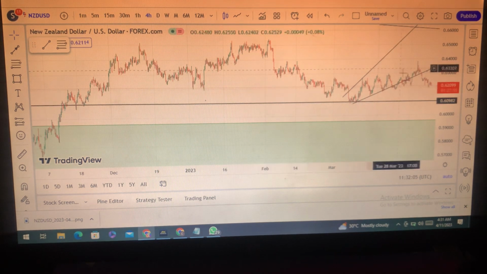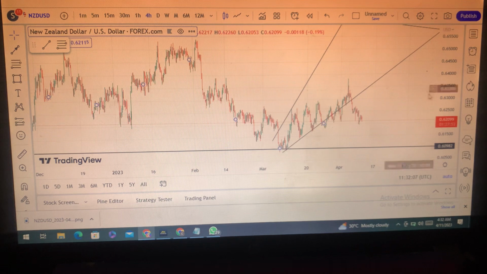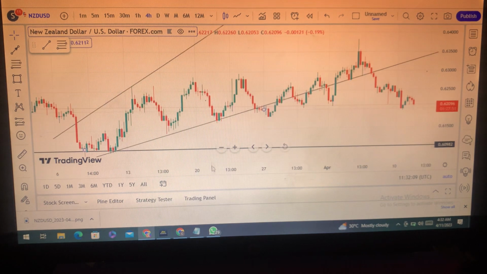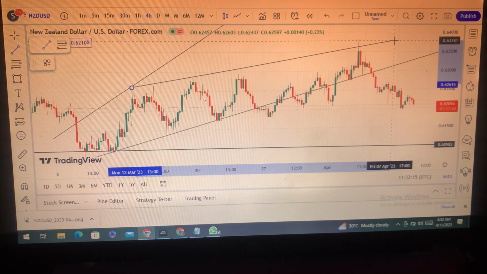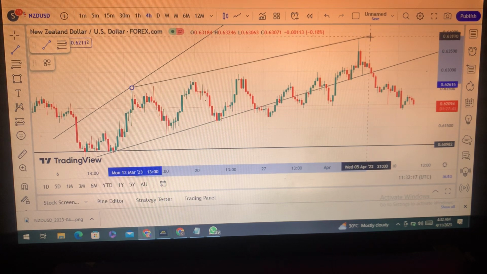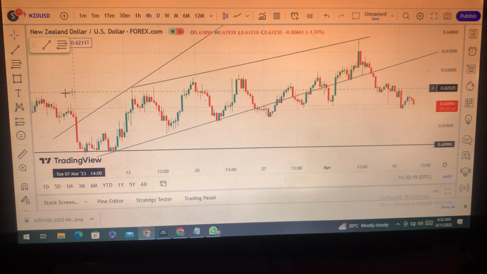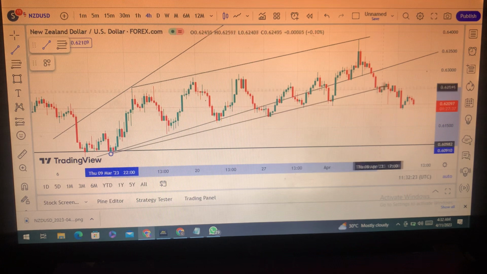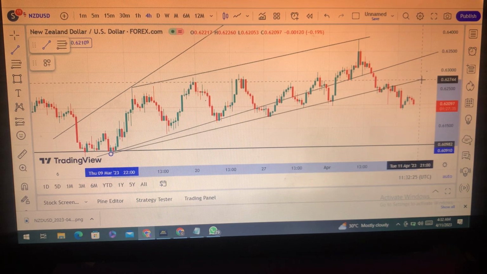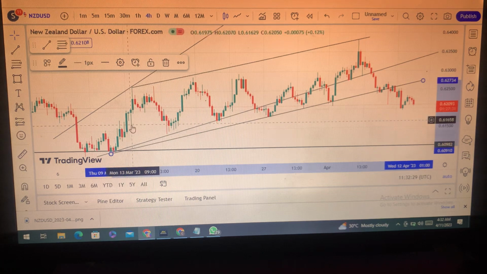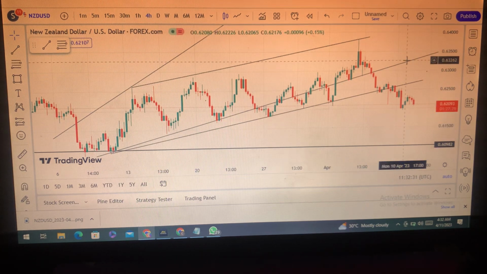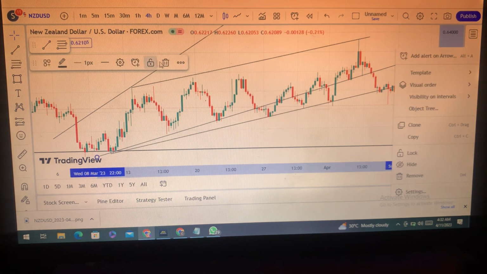Okay, you see, still on our way. There's also a trend line here. Let's remove the line we drew.